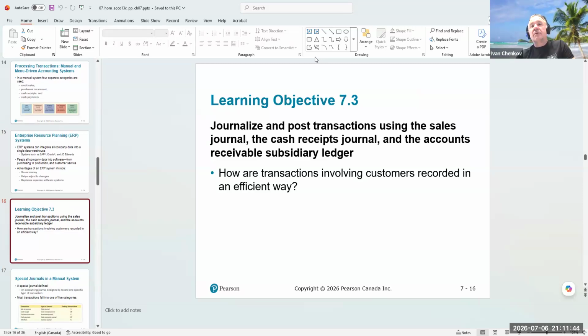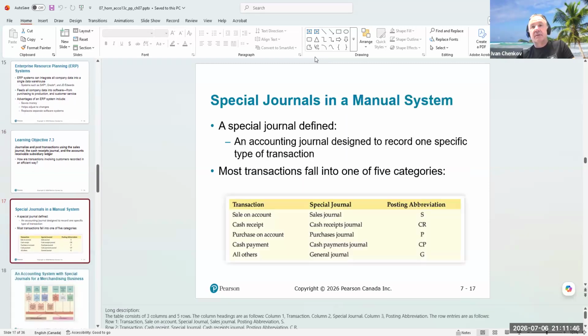So how are we going to journalize and post those transactions? Very simple. Watch this. Sales. If we have sales on account, actually, that's not entirely true, because for any sales, including cash, if we want to have information about the customer, you're going to put it in the sales journal.